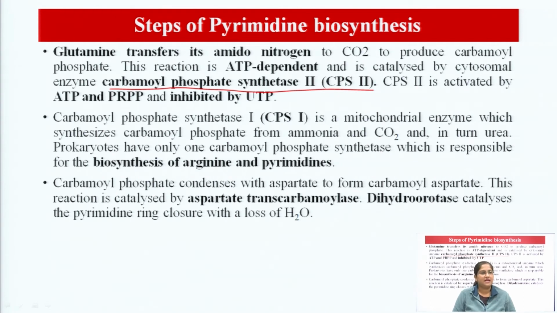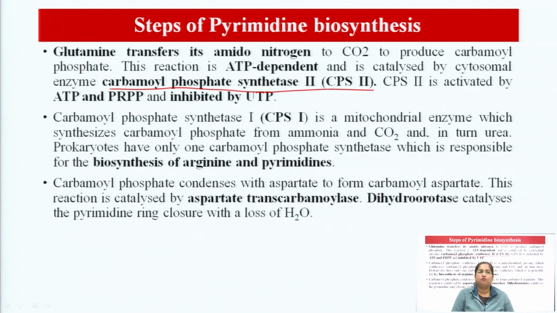Second, carbamoyl phosphate synthetase 1 is a mitochondrial enzyme which synthesizes carbamoyl phosphate from ammonia and carbon dioxide, and in turn gives urea.